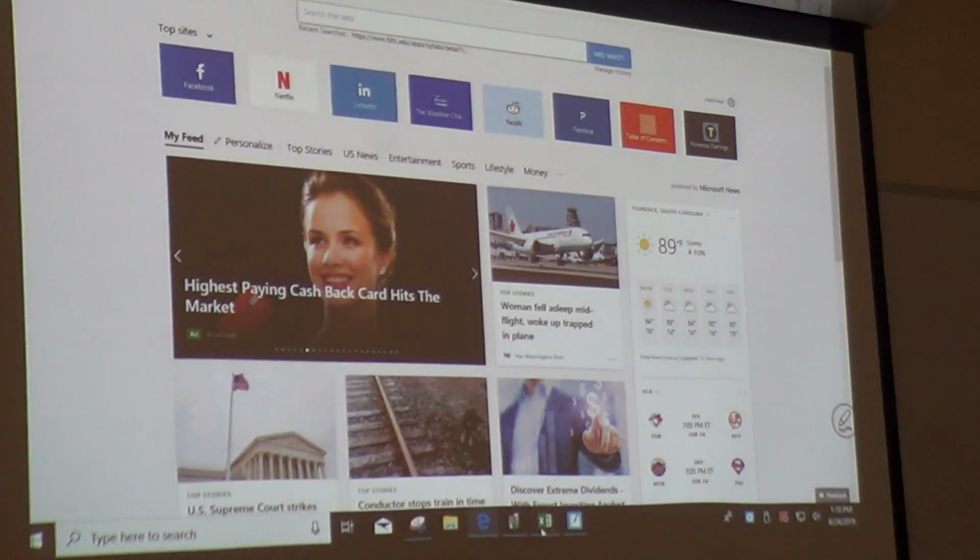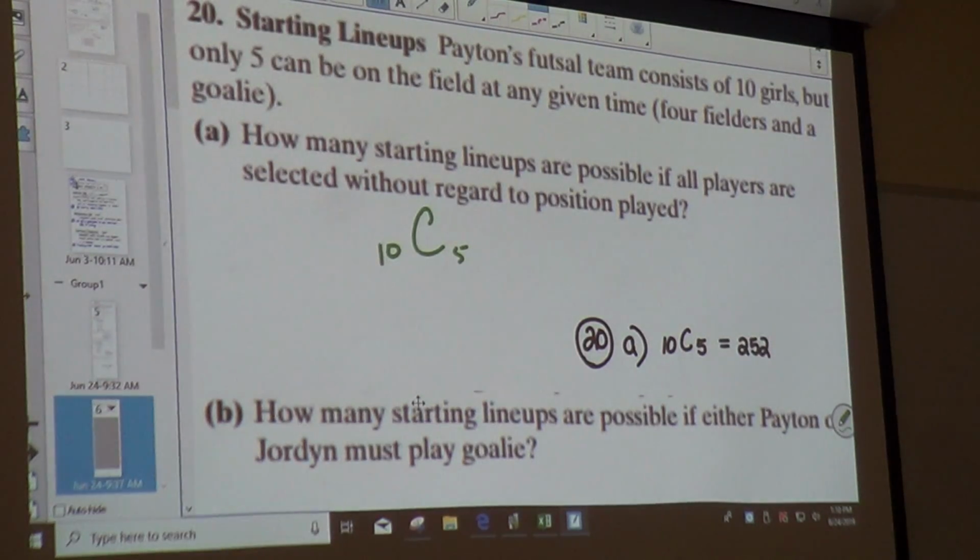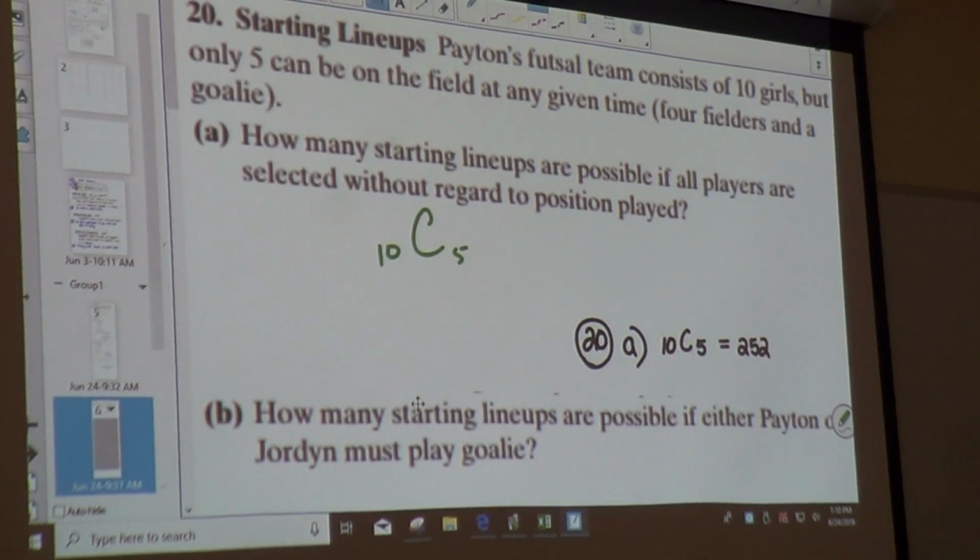Somebody Google and see if futsal is a real thing. No, it is actually a real thing. It's like soccer, but indoor, you play on a hard court. It's played on a hard court smaller than a football field and mainly indoors. Huh. Word of the day, futsal.